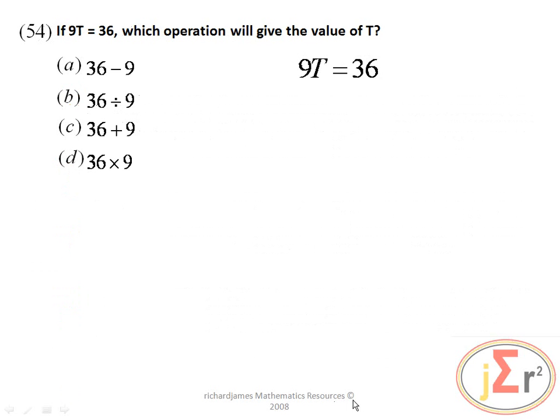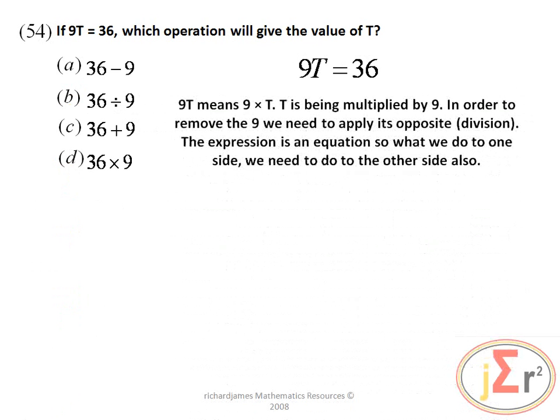If 9t is equal to 36, which operation will give the value of t? What does 9t mean? 9t means 9 multiplied by t. So t is being multiplied by 9.